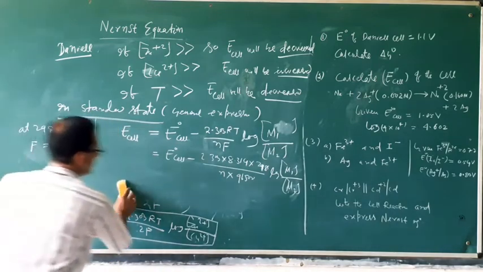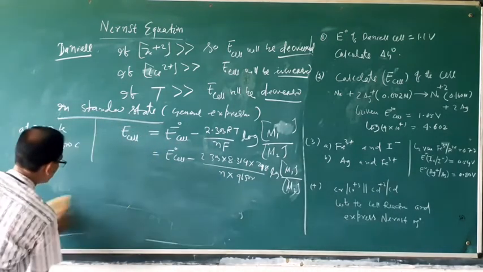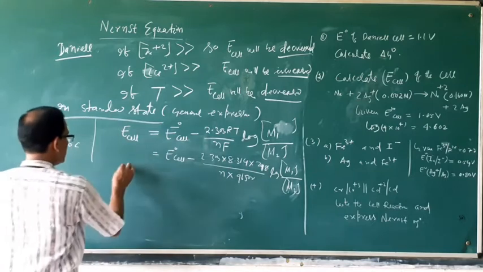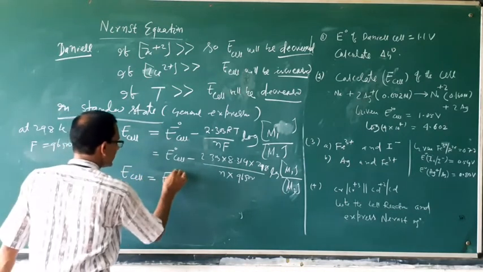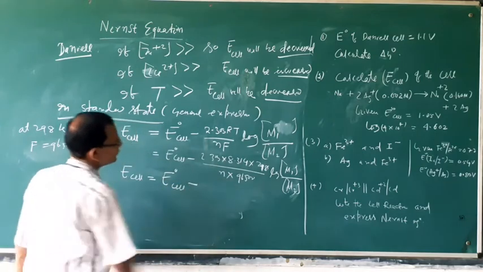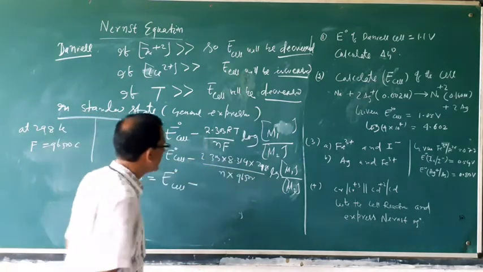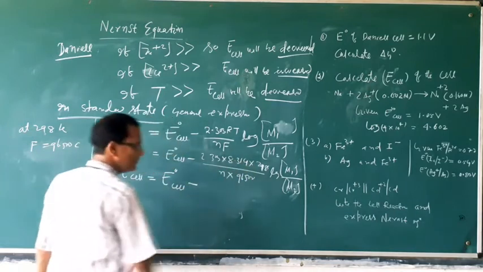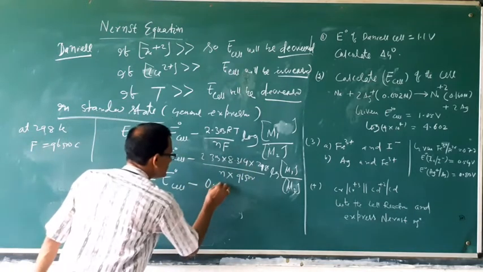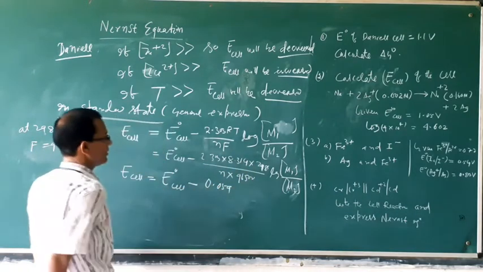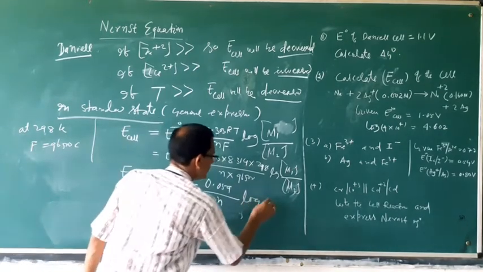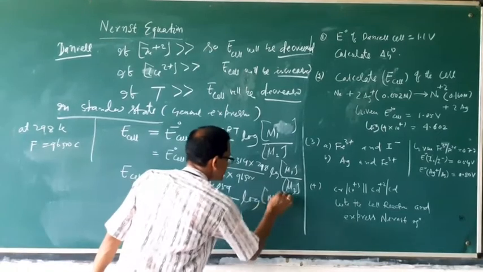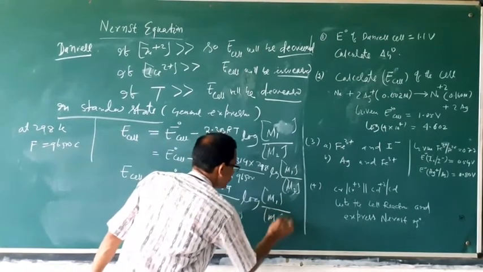Then if you put the values, finally E cell is equal to E naught cell minus, if you multiply and divide, the result is 0.059 upon n, log M1 concentration over M2 concentration.